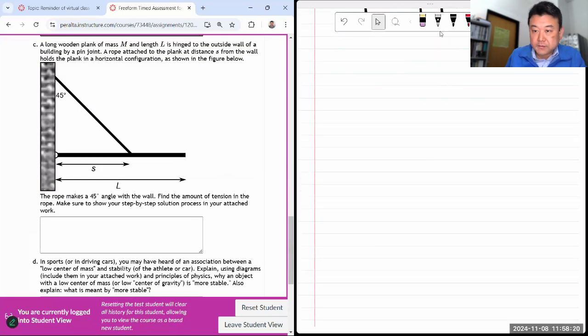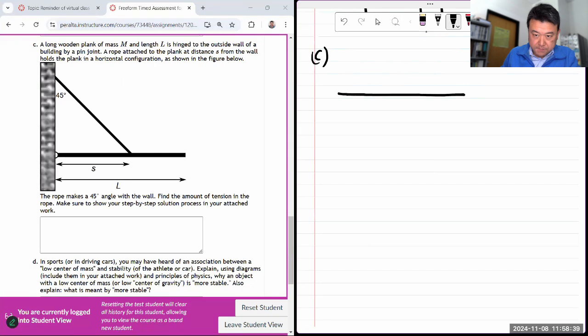Let me just read: long wooden plank, pin joint, rope attached, plank horizontal as shown in the figure. Rope makes 45 degrees. Find the amount of tension in the rope. Okay. So since I only need the tension, let me choose the right center of rotation, so I don't have to deal with, for example, the joint force.